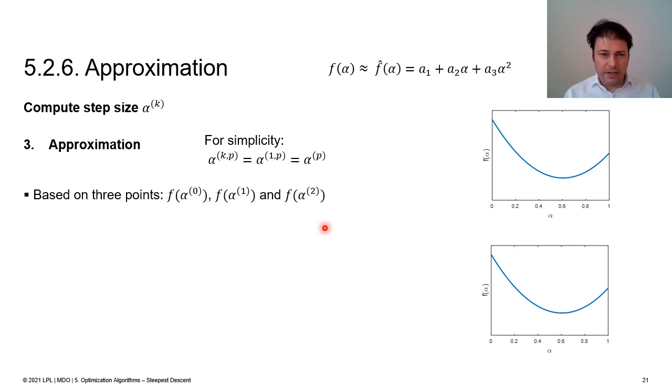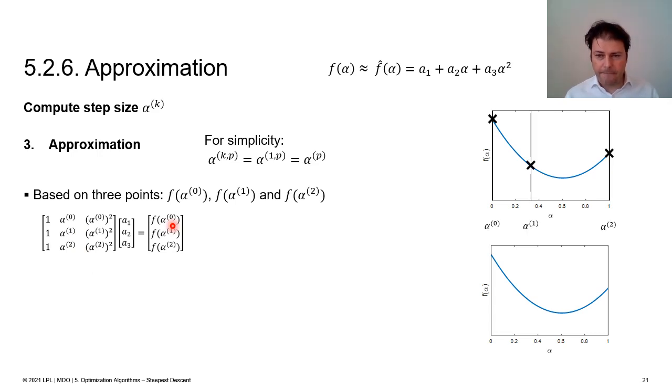So more specifically, based on the 3 points at alpha 0, alpha 1, and alpha 2, by just using a simple curve fitting scheme, you compute your coefficients A1, A2, and A3.